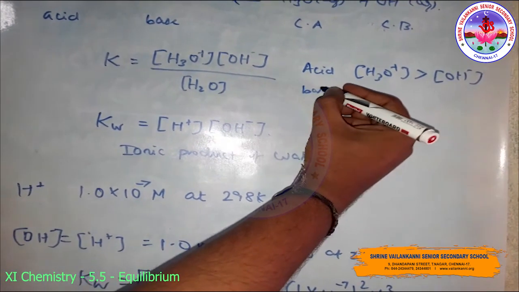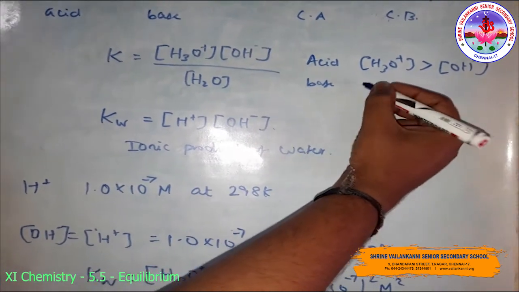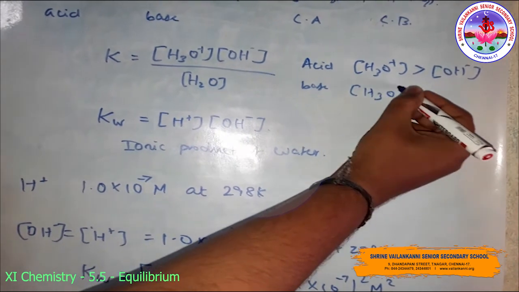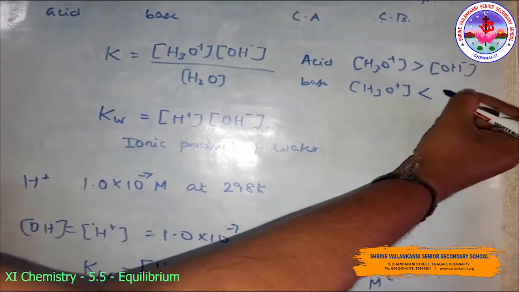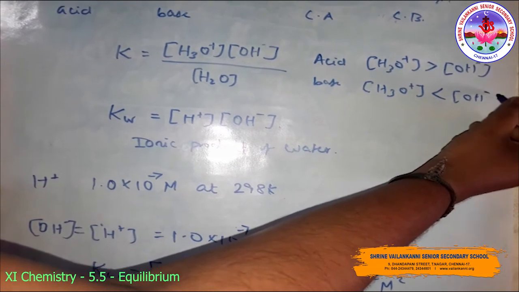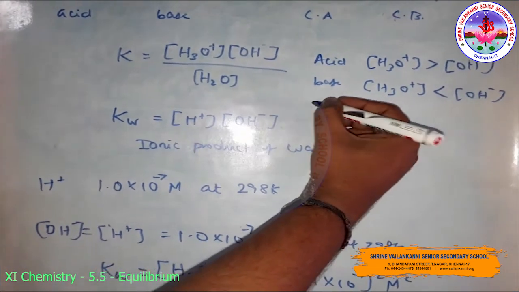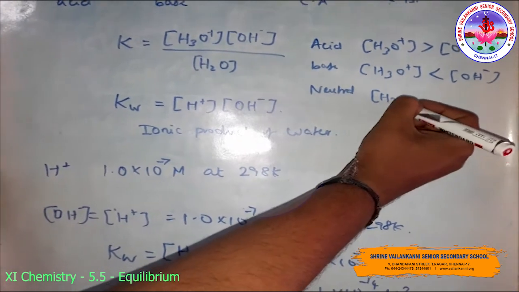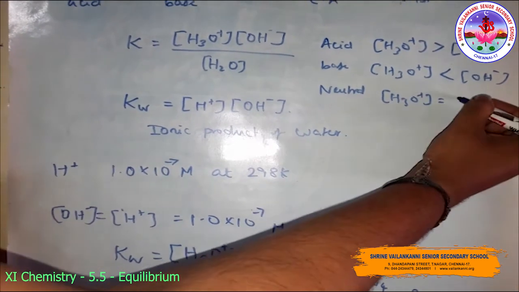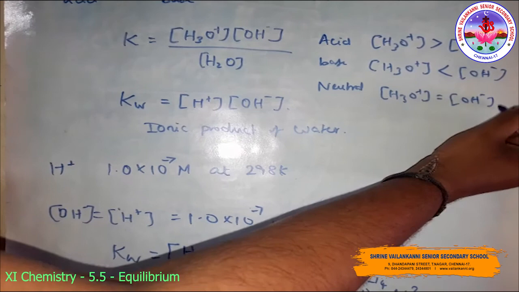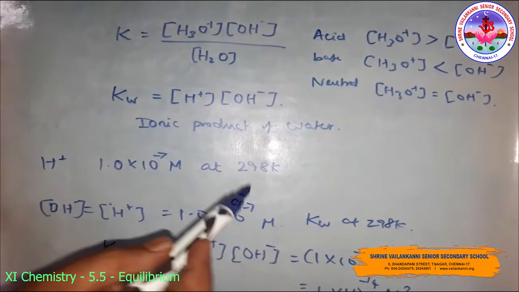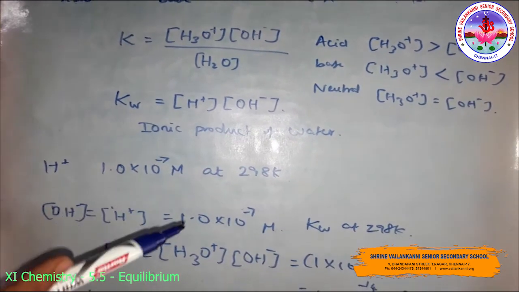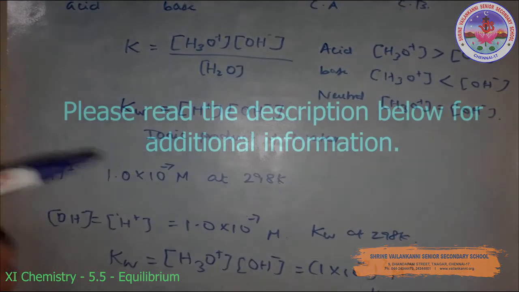For basic, H3O plus is less than hydroxide ion. For neutral, H3O plus is equal to the concentration of OH minus. So these are the conclusions. Next is the pH scale. We will discuss it next class. Thank you.